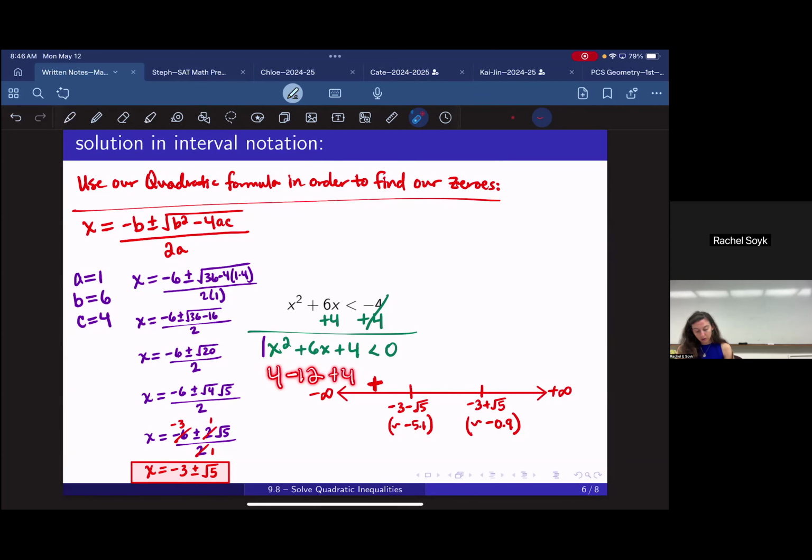And then plus 4. 8 minus 12 gives you a negative value. So between these two, we have negative. And then let's choose a value between negative 0.9 and positive infinity. Again, be conservative. I'm going to choose positive 10. 10 squared is 100. 6 times positive 10 is 60, plus 4. All of this is going to give you a positive value.